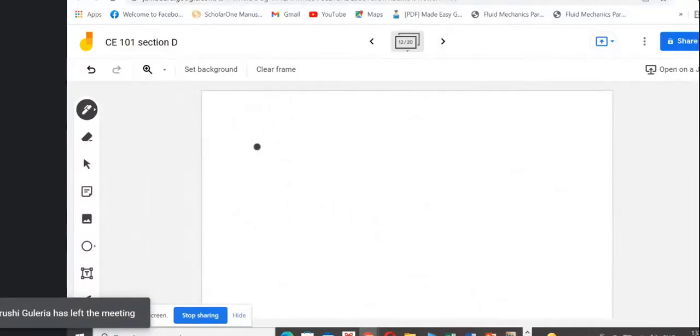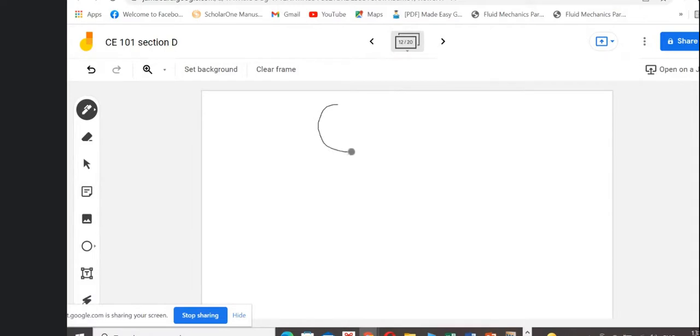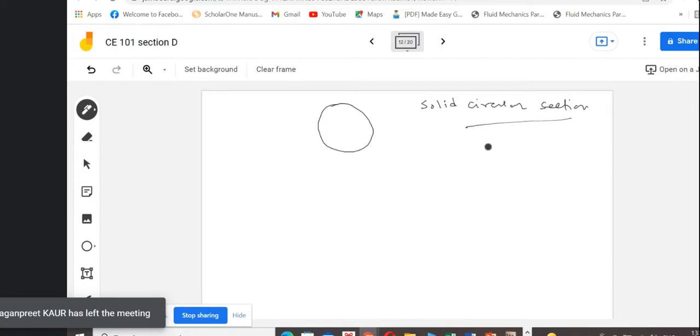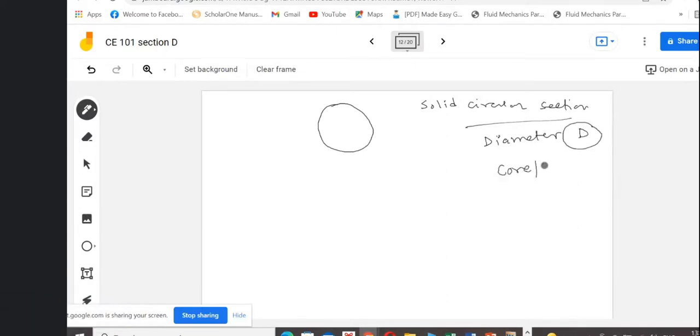So now, if we have a solid circular section of diameter d, what is the core or kernel of the section?